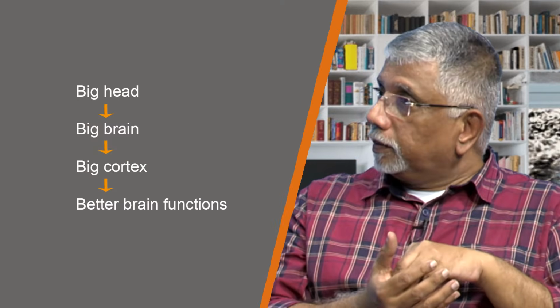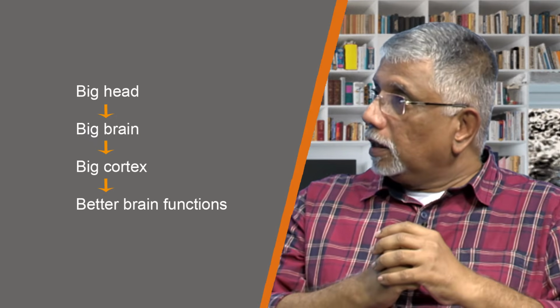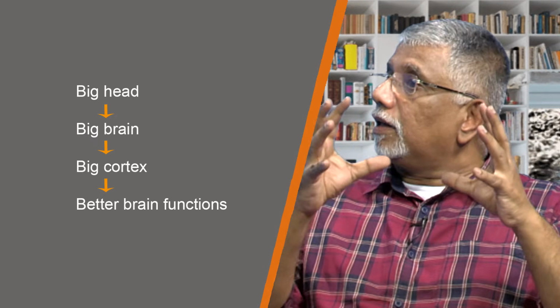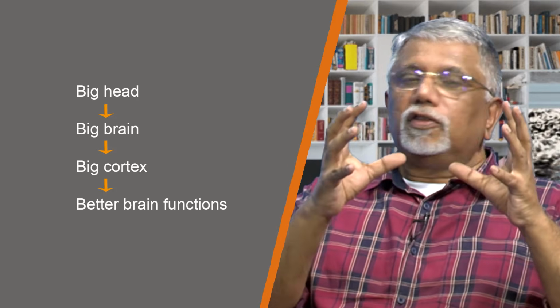But as a result of evolution, the head sizes started growing, right? The bigger the head, the bigger the brain. And bigger the brain, bigger the cortex.